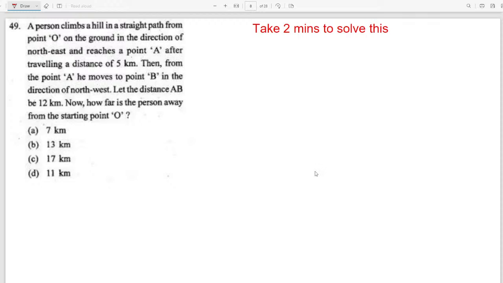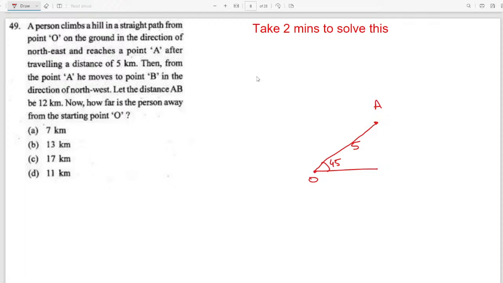So let this be O. He's starting to climb a hill. Let this be some hill. And he's going, first direction is on the ground. He's in the direction of northeast and reaches a point. Northeast in the sense, you have to take this direction, and this is 45 degrees. And he reaches a point A. And this distance from O to A is 5 kilometers.